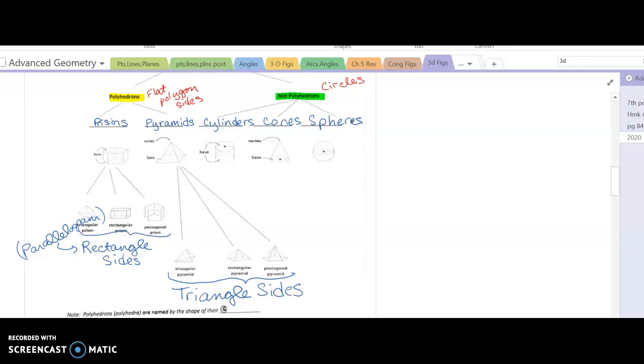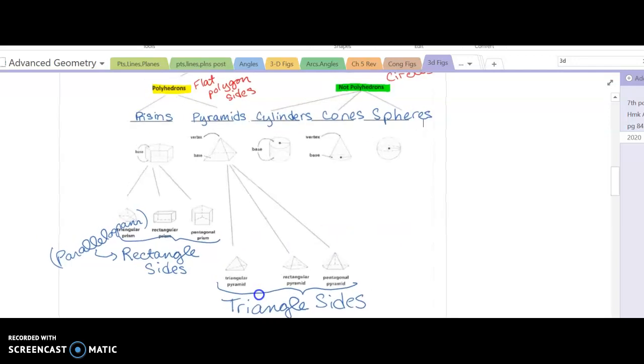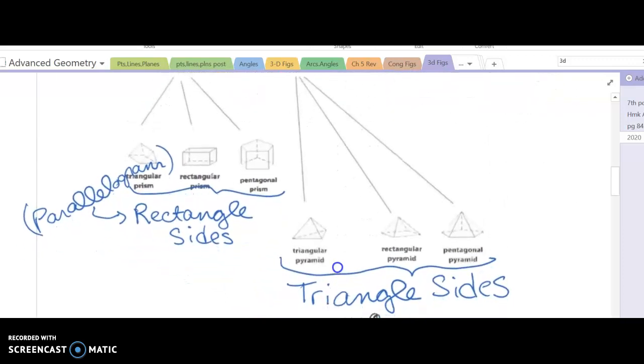Now, let's focus back on the polyhedrons, both the prisms and the pyramids. I want you to take a minute and think about what they all have in common as far as their last name, and what each name of the shape has that's different in their first name. How would you decide how to name these?